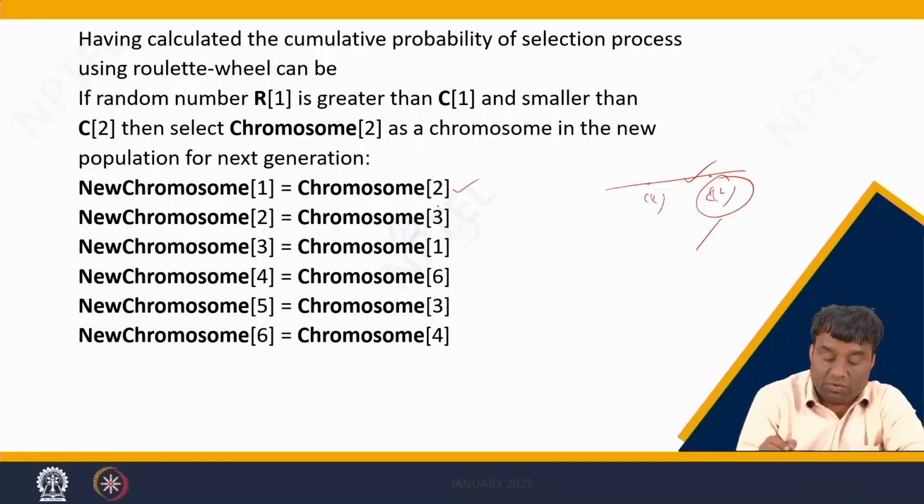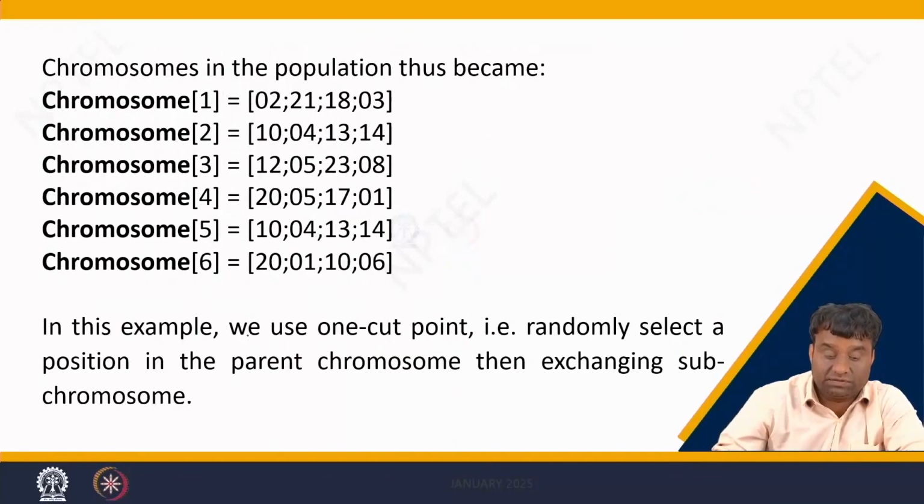So chromosome 2 becomes new chromosome 1, chromosome 3 is new chromosome 2, chromosome 1 is new chromosome 3, similarly chromosome 6 is new chromosome 4, chromosome 3 is new chromosome 5, and chromosome 4 is new chromosome 6.